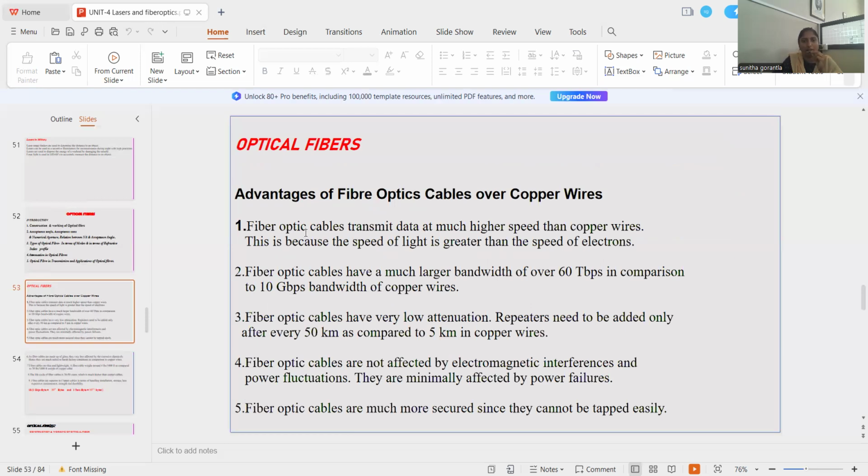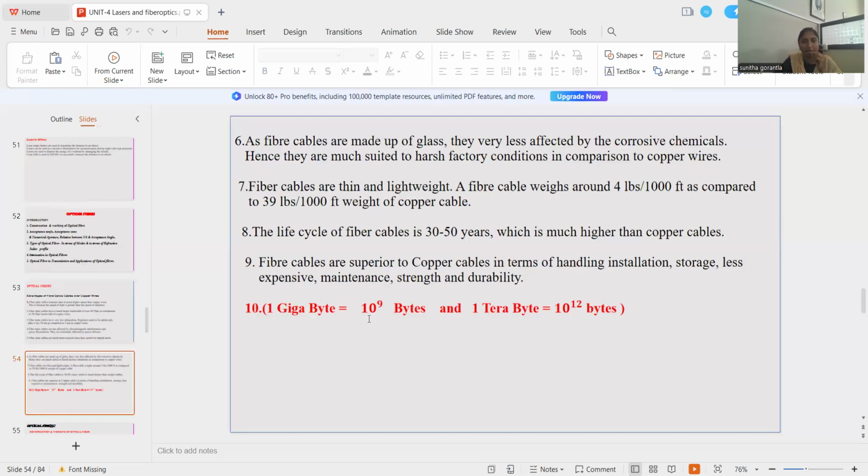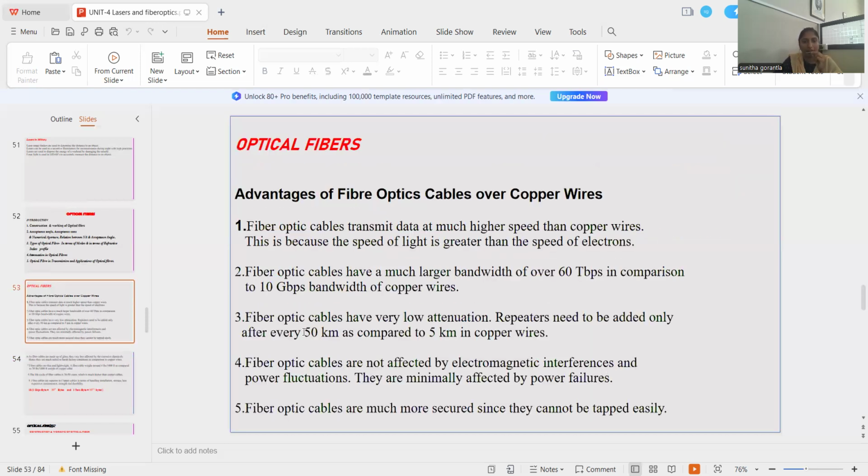To recap, optical fibers transmit data at high speed, have large bandwidth, and very low attenuation, which means losses are very less. They are not affected by electromagnetic interference, so there are no short circuits. They are very secure.